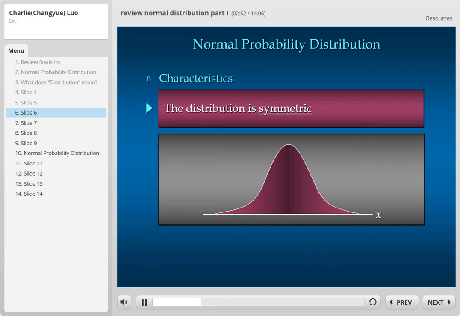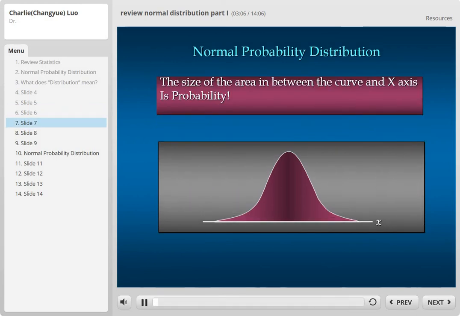Now come to our normal probability distribution. It looks like this. Basically, the shape looks like this. This shape is symmetric. The size of the area in between this normal distribution curve and the x-axis, the area we're highlighting in red here, is the probability.